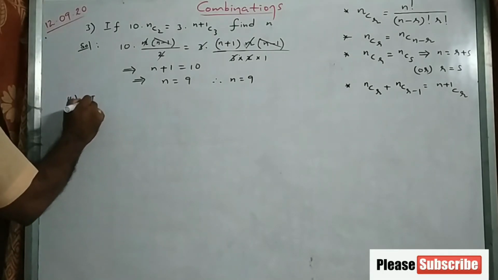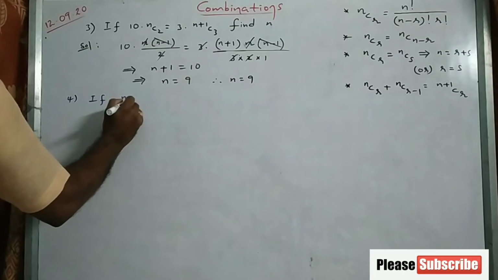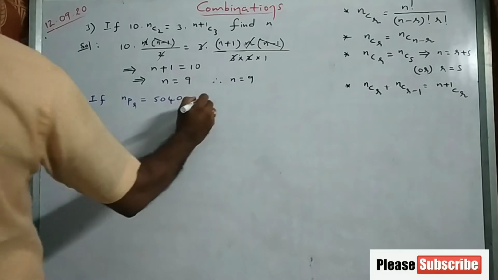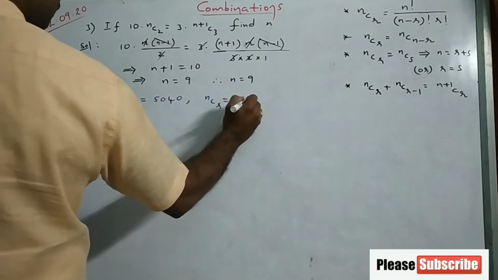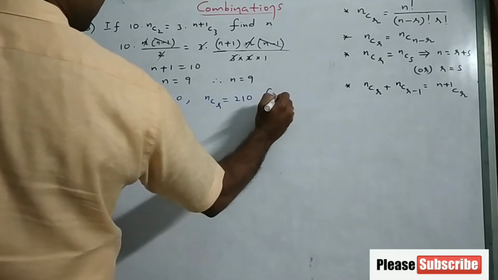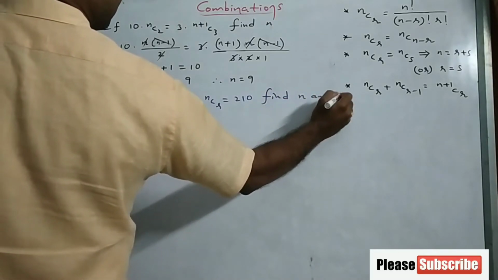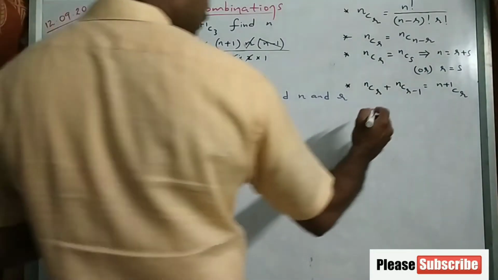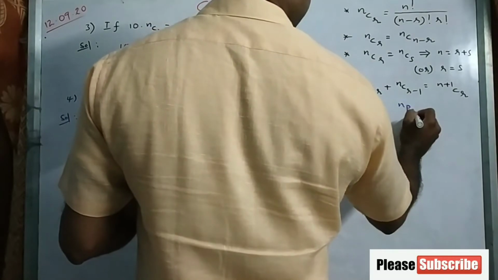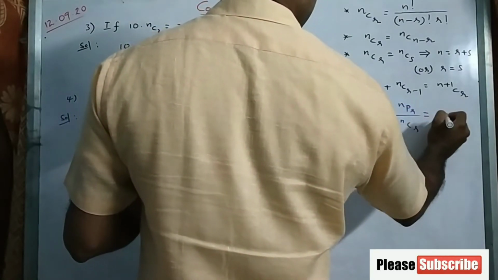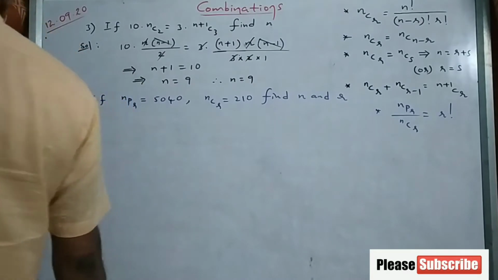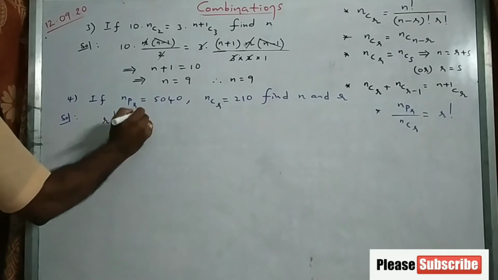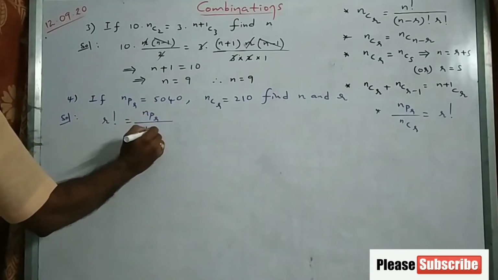Fourth one. If nPr equal to 5040, nCr equal to 210, then find n and r. Okay, so here one more formula we have, that is nPr by nCr is equal to r factorial. So by using this formula I can write r factorial is equal to nPr by nCr.